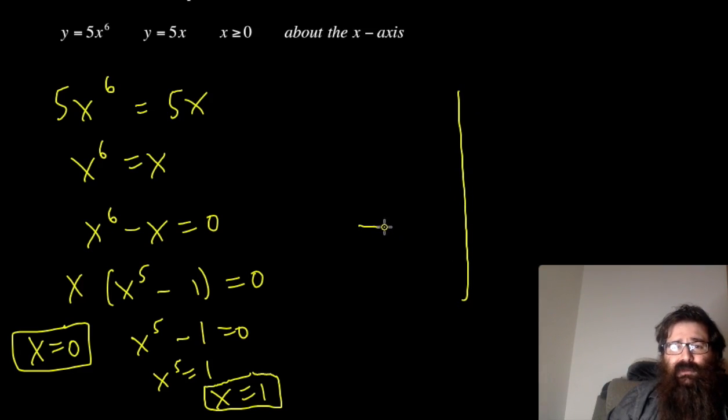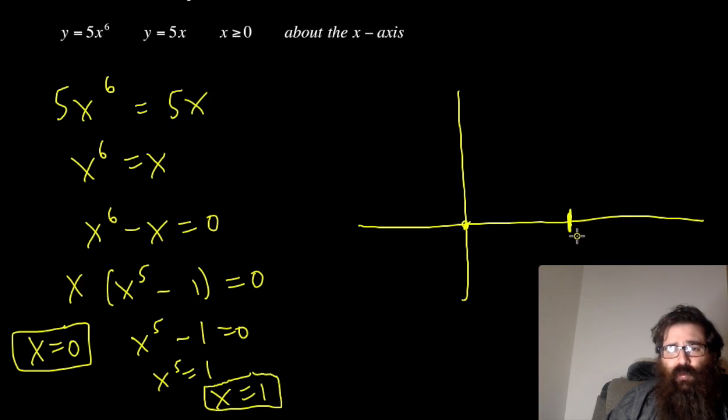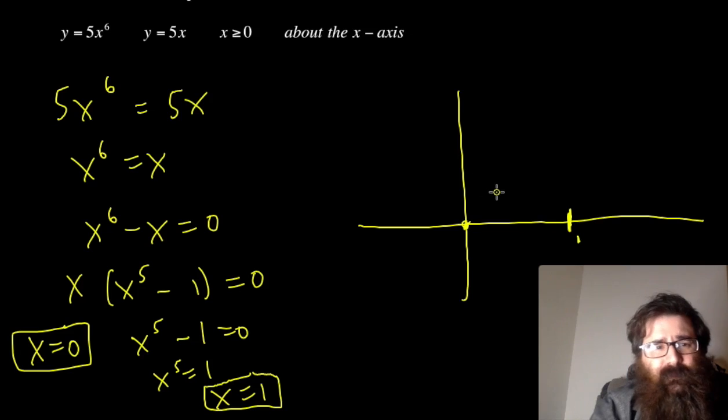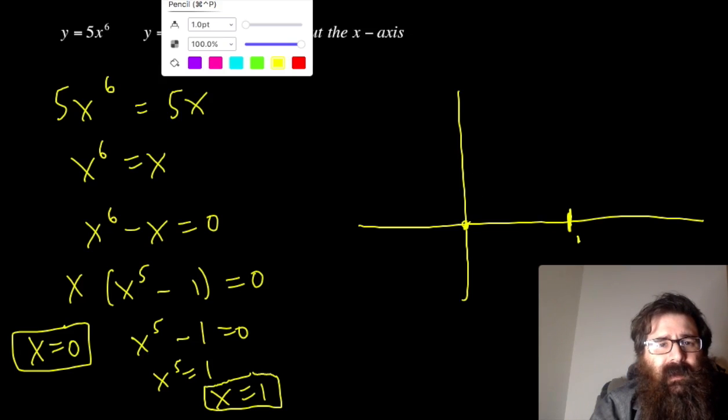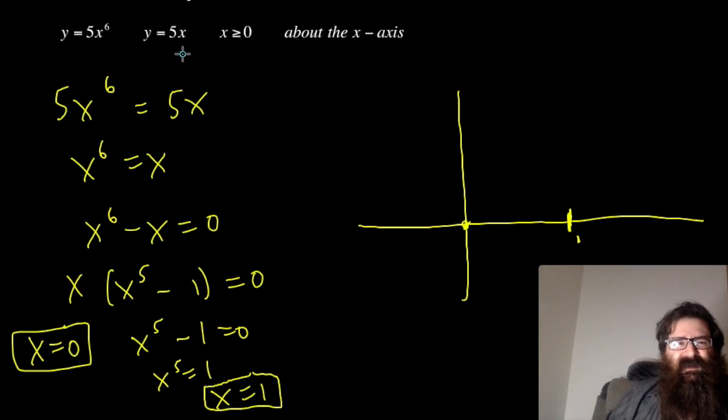So I can get a picture. So x equals 0, and then I'll exaggerate the scale a bit at x equals 1. We're going to have some more stuff going on. And let me go ahead and start with the linear function, 5x, because I know how y equals 5x is going to look.